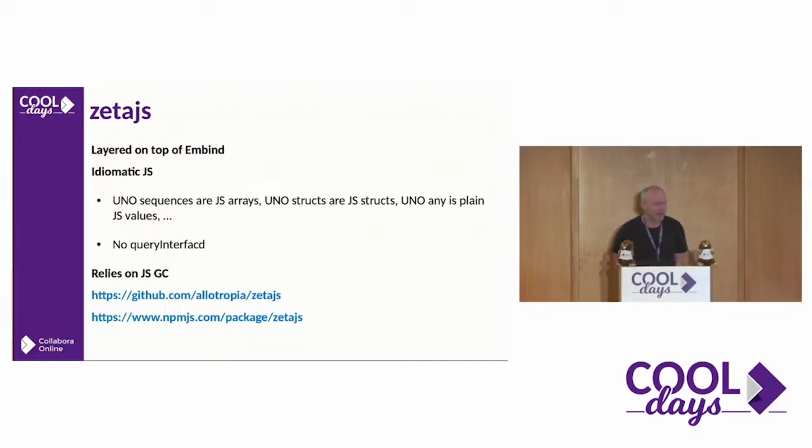If you know the UNO API and have tried to program it, for example from C++ or from Java, then you know about these dreaded queryInterface functions. You have a UNO object with many different interfaces, and when you want to use an interface that you don't already have your fingers on, you need to call queryInterface to tell the code, I want this other interface, and that's very, very ugly as well.